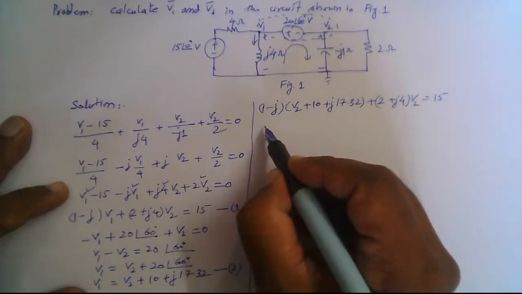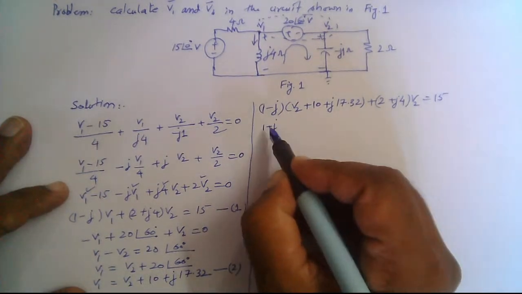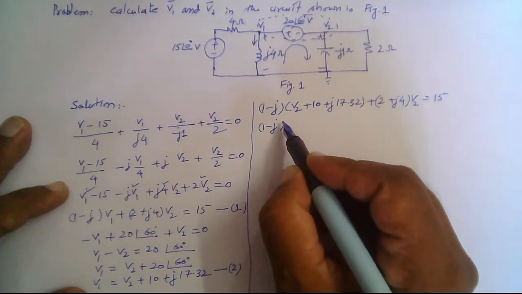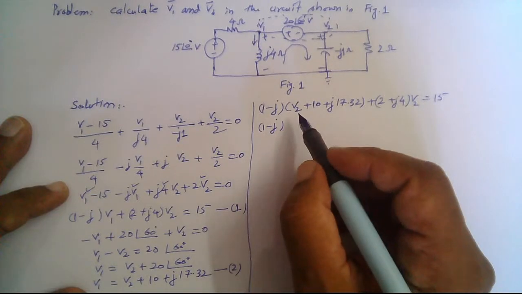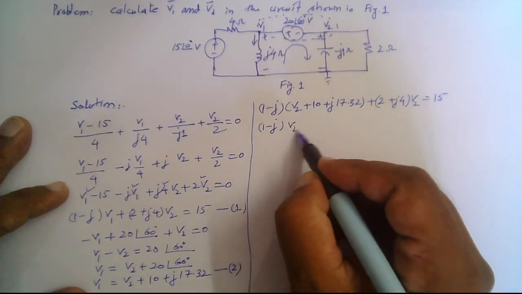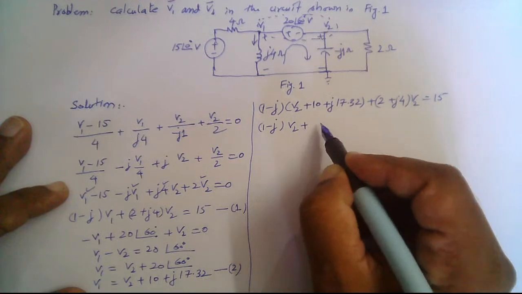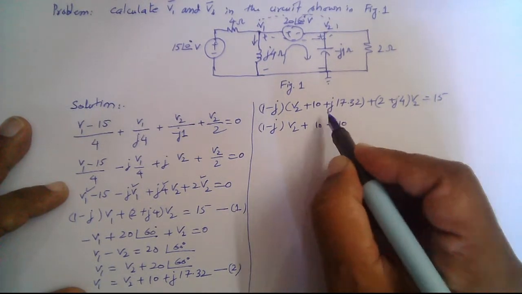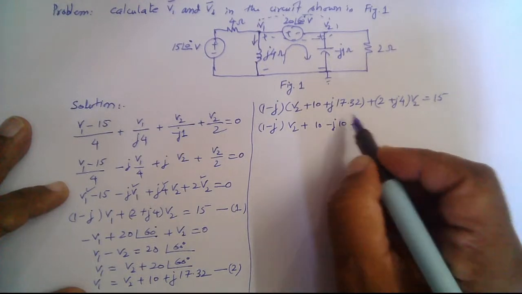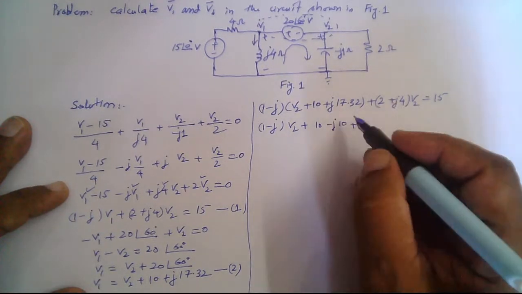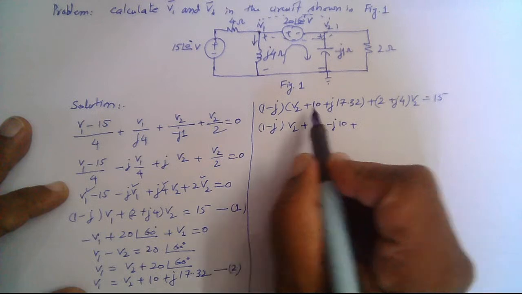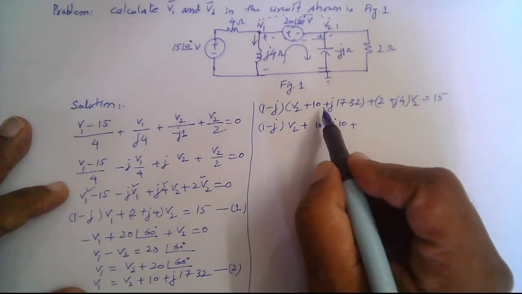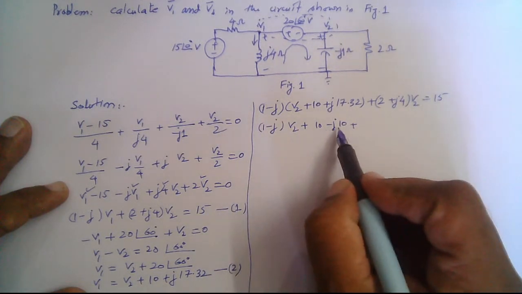So this will be (1 minus j) v2, right? Plus this will be 10 minus j10, this is 10 multiplied by 1, and then 10 multiplied by minus j, this is 10 minus j10.